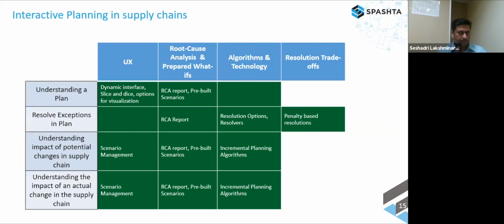We call it a replica in the Spashta tools. Different tools and companies will call it differently, but that notion has to be there. This is my baseline, and this is a scenario that I created to simulate or to understand the impact of a certain change that I'm doing. It could be a change or an increment, like I said.